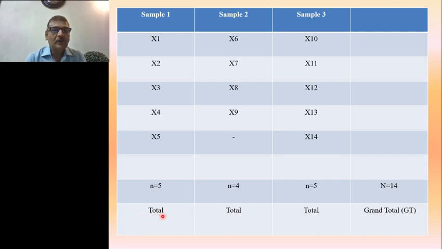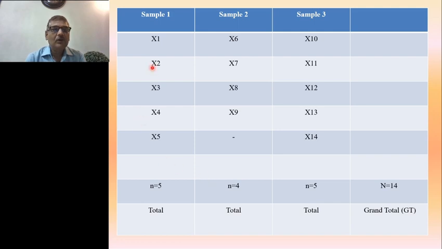Then you can also obtain total values of individual samples or individual columns. If you know the total of a specific column and divide it by the number of variables of this group, then you can know the average value. That way, manually, you can find out the average values of these 3 samples.